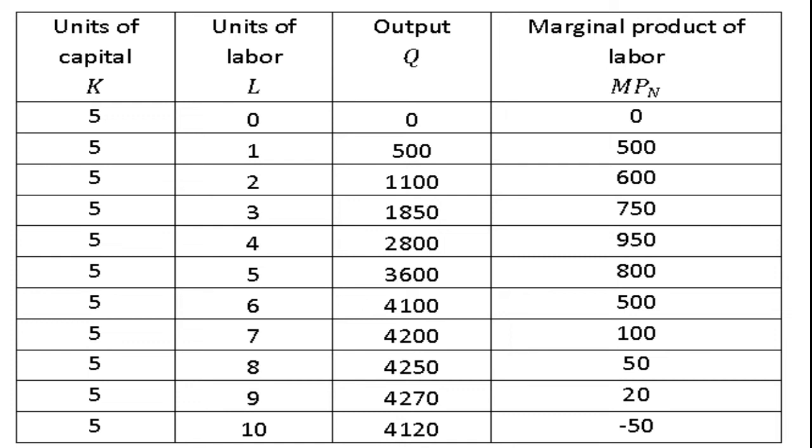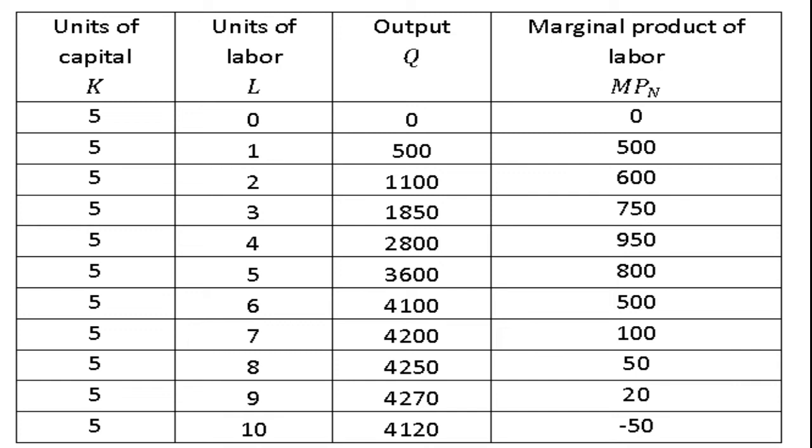Here we have a constant amount of capital, K equals 5, and different amounts of labor from 0 to 10, and different amounts of outputs from 0 to 4,120.